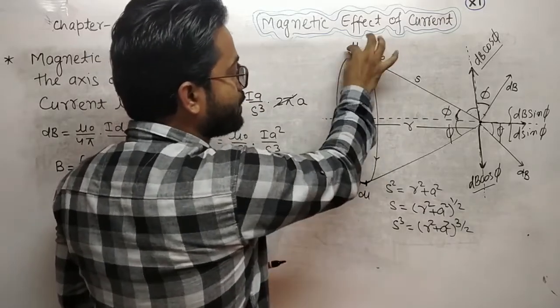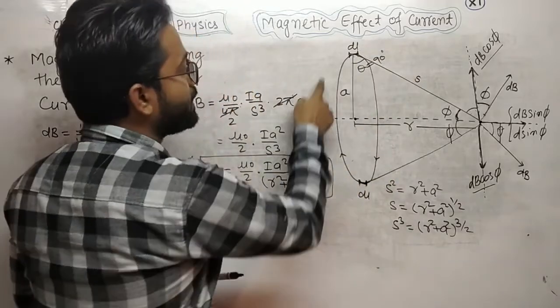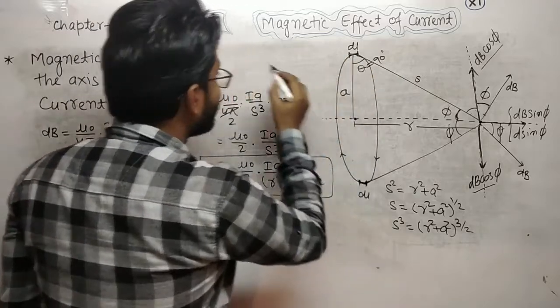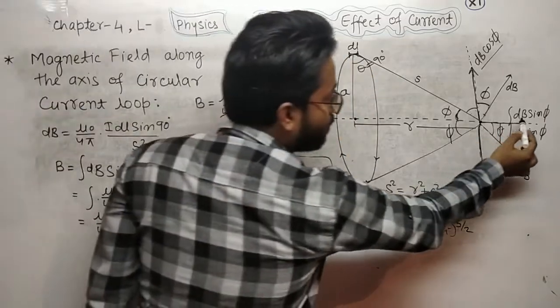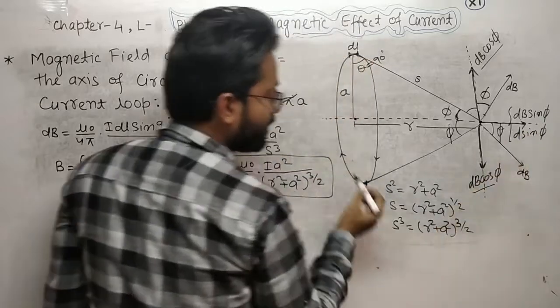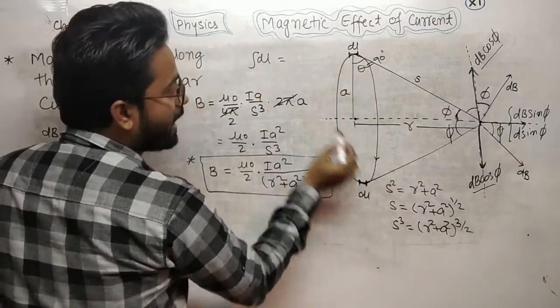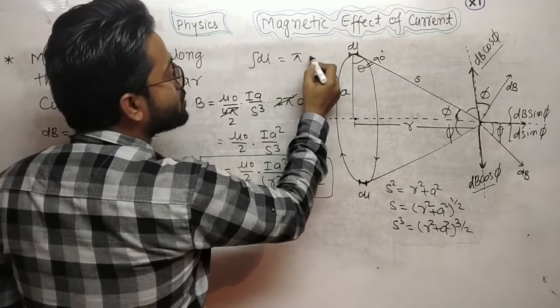Only that element will take half of the circumference and this will take half of the circumference. That means on integration of dl, if you have taken both dB sin phi, the integration of dl will only be half portion, that will not be equal to 2 pi a, that will be equal to pi a only.